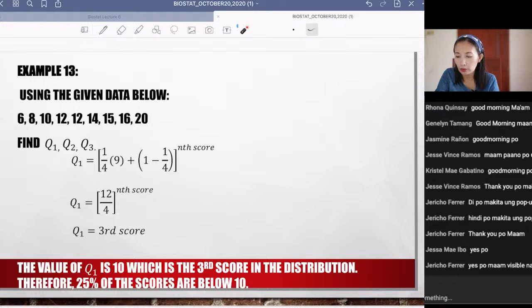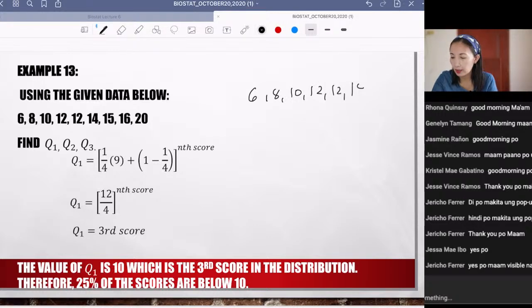Okay, so there are 9 scores, so n is odd. 6, 8, 10, 12, 12, 14, 15, 16, and 20.